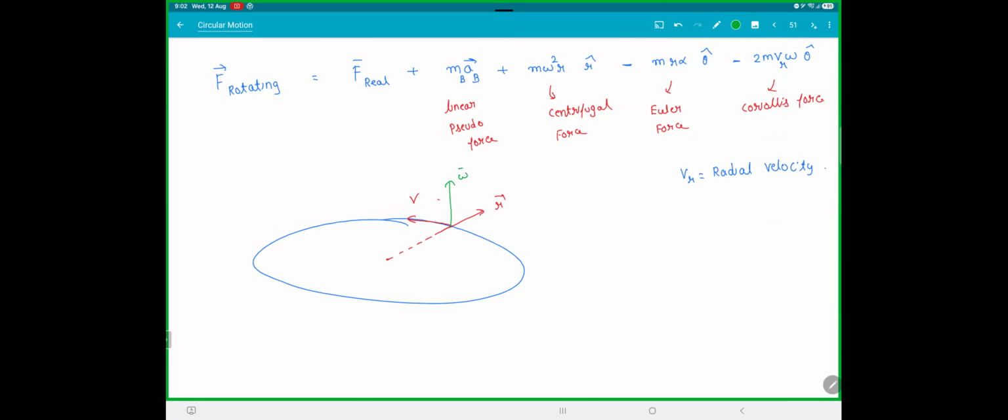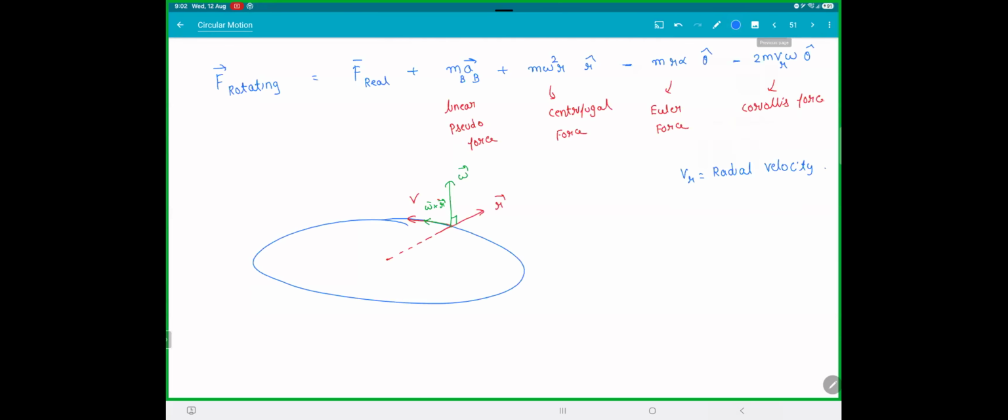This will be omega bar, isn't it? Right, Karthik? So omega cross r bar will give you this direction. Cross product. Clear? Omega is out of the plane, r bar is radial. So if you do omega cross r, it will come tangential. So that is how you get that there.